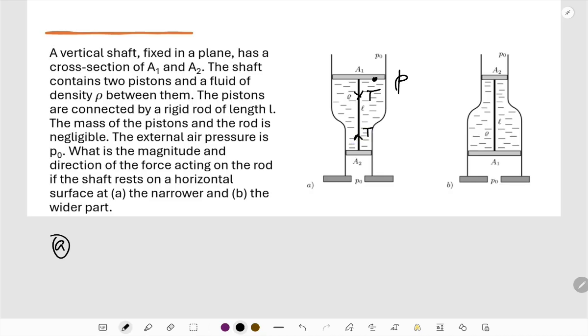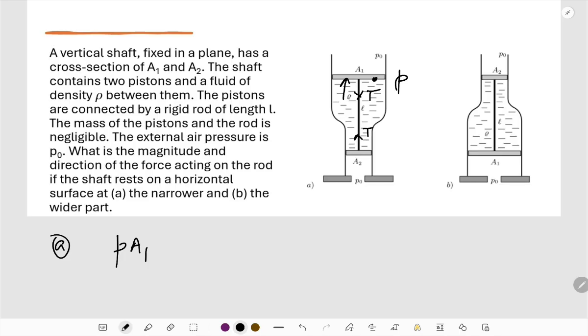This is Newton's third law of motion, and I would like to write the basic equation of the upper piston, which is in equilibrium. There will be only one force from below, the water pressure force, written simply as PA1, because the area of cross section of the piston is A1.